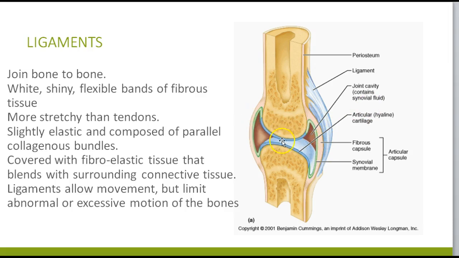When that wears away, we then tend to get bone on bone, which is what we would call an arthritic bone. We've got a synovial membrane, which is in the green here. The fibrous capsule and the synovial membrane make up the articular capsule. Okay, so that's our ligaments.